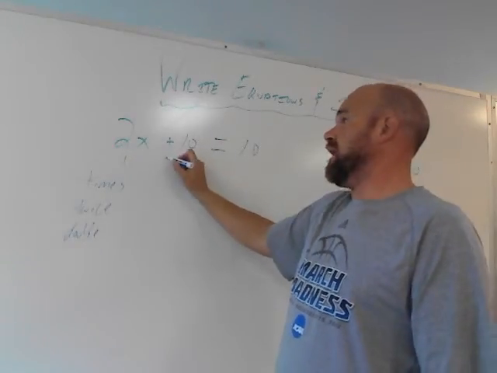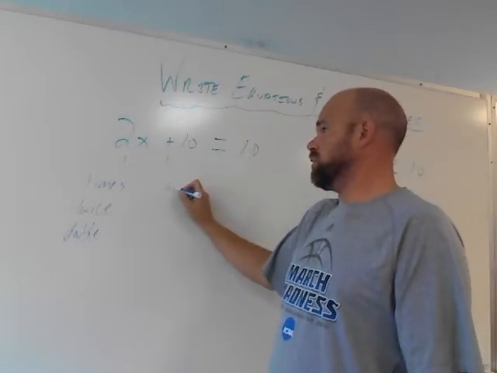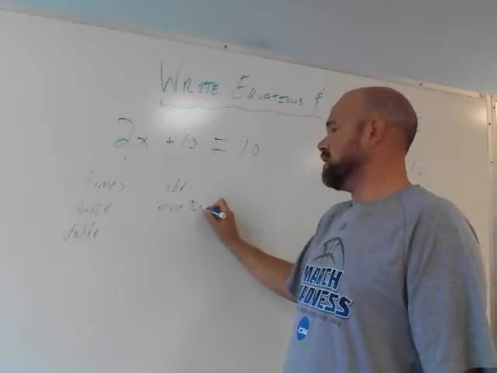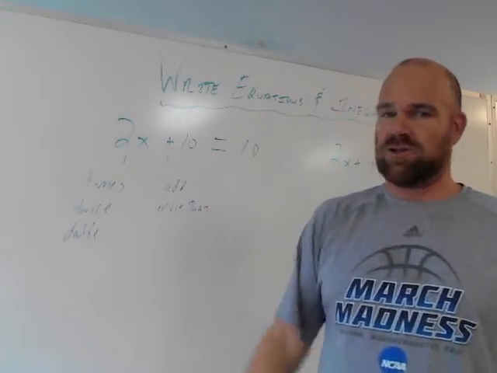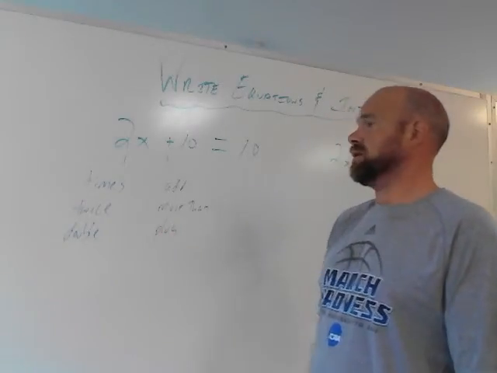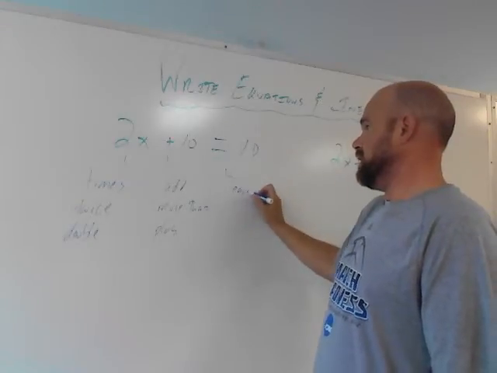The next symbol we have is the addition symbol. We all know that we could use the word add. We could use the words more than. What's the other word we could use? We could use plus. Equals, obviously, equals.